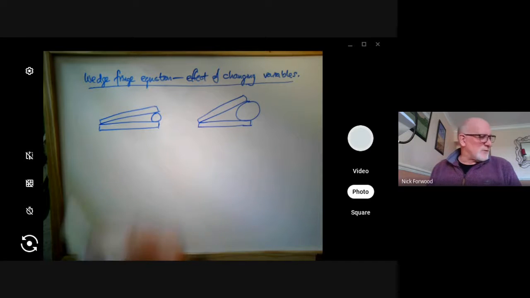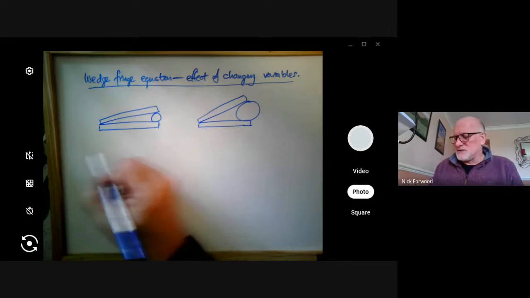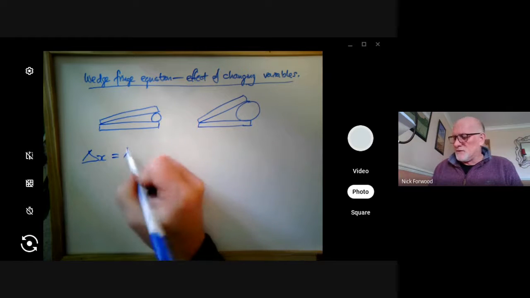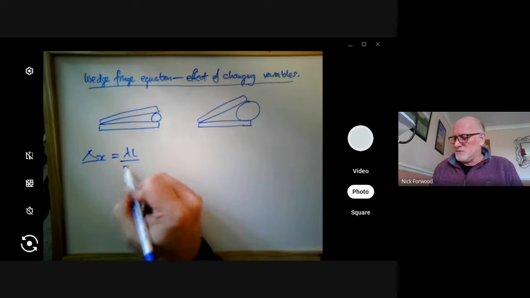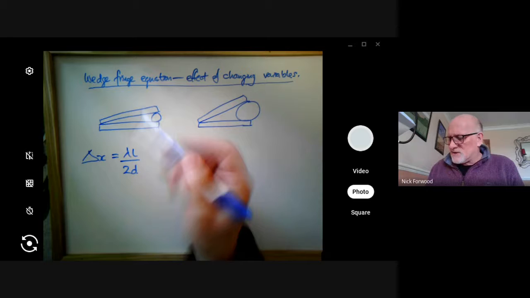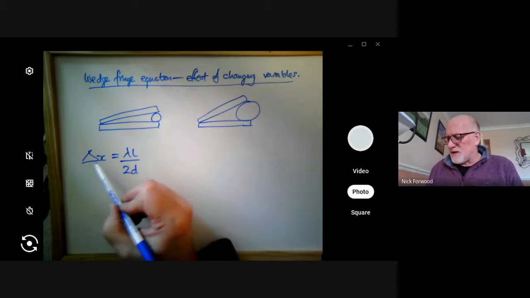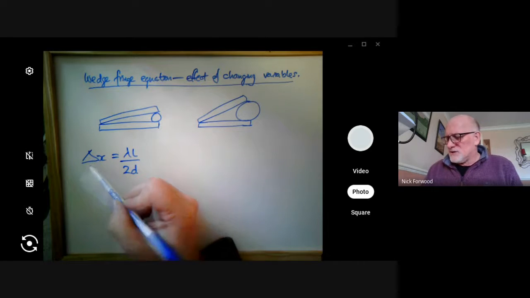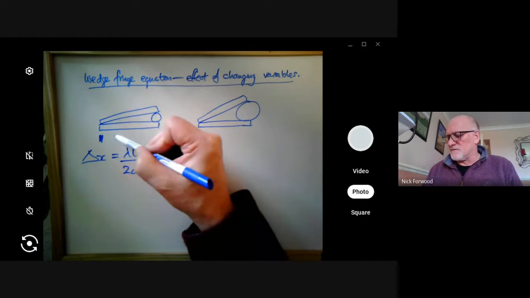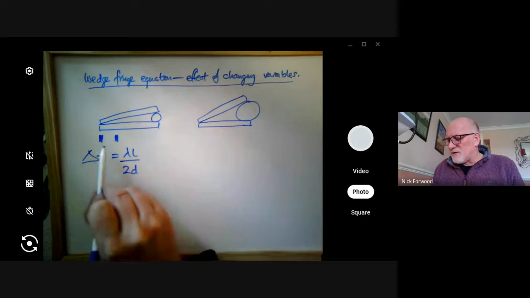Okay, so the formula again is this: delta x equals lambda L over 2D. So what's everything here? Delta x is how far apart the fringes are. So we know we have a dark fringe here, and we have another dark fringe here, and delta x is how far apart these fringes are.